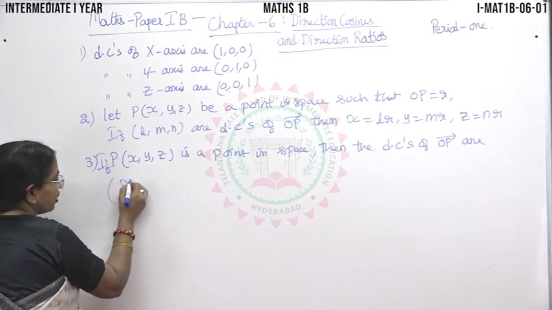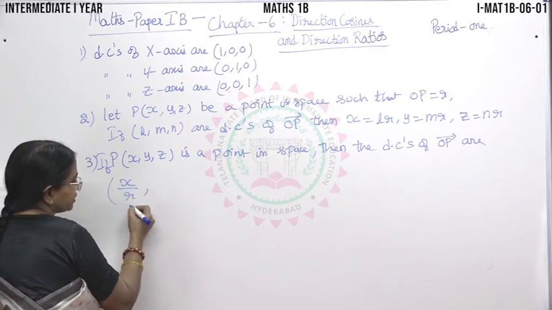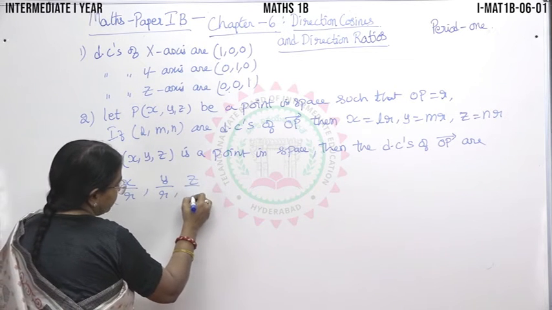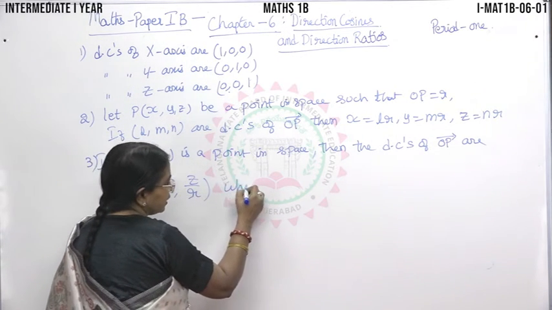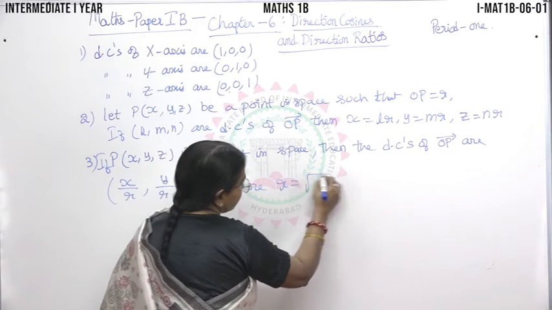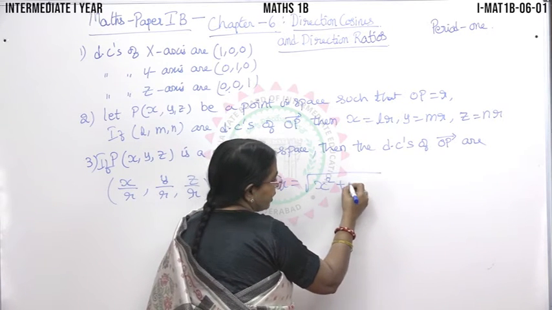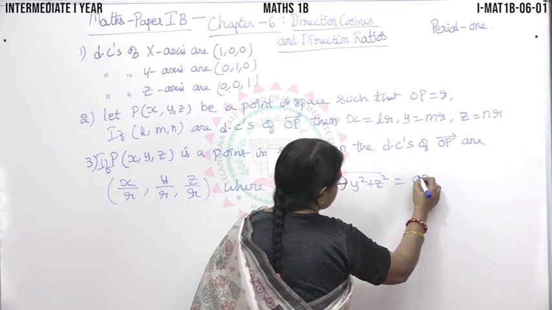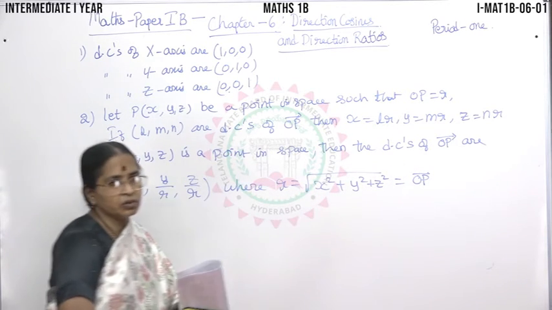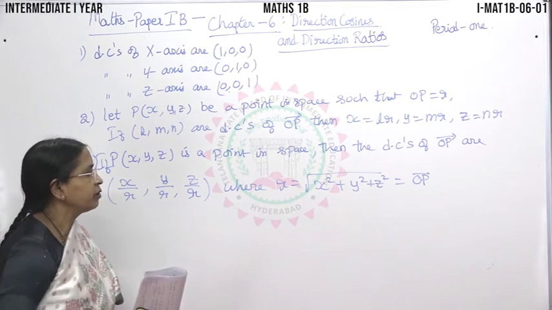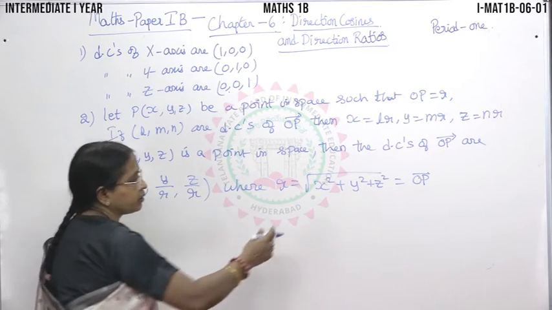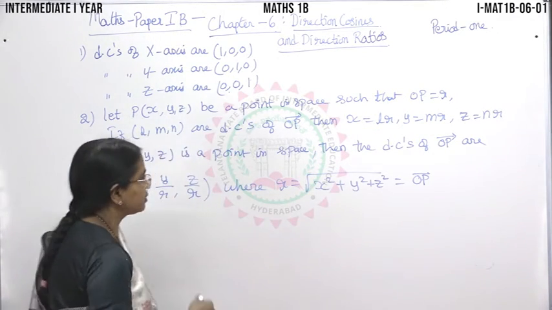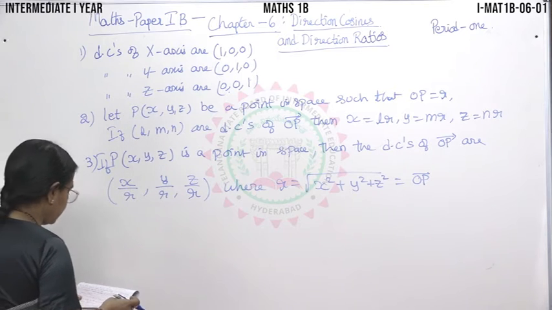If you are given the coordinates, you can write the direction cosines of OP as X by R, Y by R, and Z by R, where R is equal to root of X square plus Y square plus Z square. Actually, R is the distance OP. So when you write the distance formula, it is (X minus 0) whole square plus (Y minus 0) whole square plus (Z minus 0) whole square. So that is the OP distance.